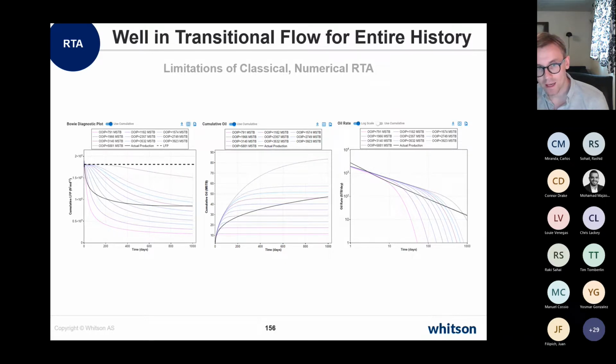You will have an LFP plot that's crossing a wide range of stems. None of the cum stems would fit your observed data very well, and from a rate time perspective, your actual production data down here to the right does not have the same shape as any of these type curves.